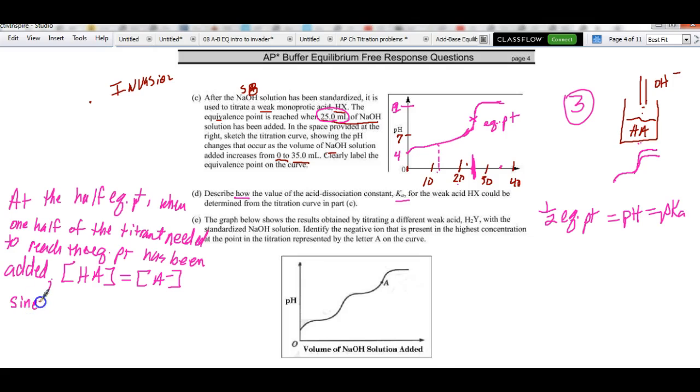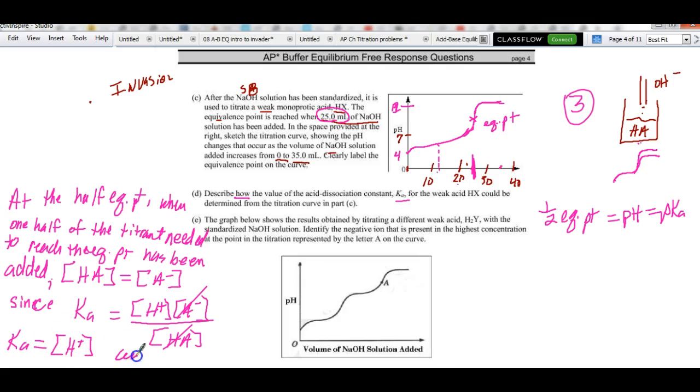Since Ka is equal to H plus times A minus over the concentration of HA, if these two things are equal, then Ka is equal to the hydrogen ion concentration, and pH is equal to the pKa. So that's how I could find it out.